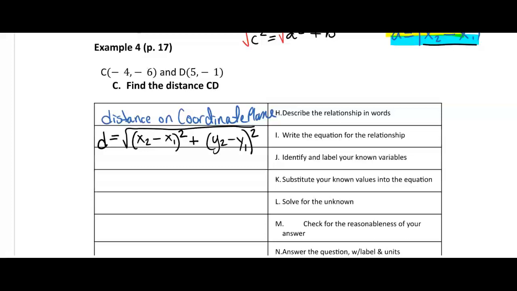Okay? Then we want to identify and label our known variables. What's going to be very helpful here, choose one coordinate to be your coordinate 1, choose a coordinate to be your coordinate 2.